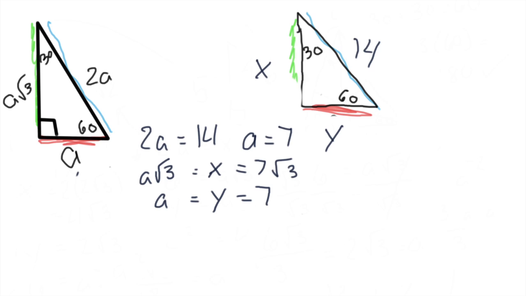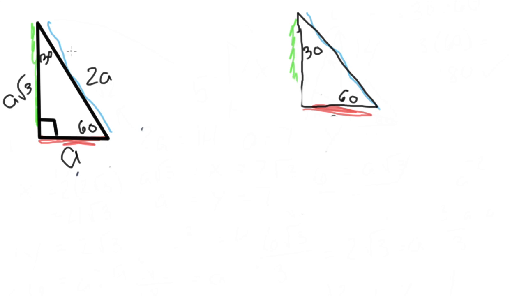Let's try another one. If I tell you that the short leg is equal to the square root of 3, can you tell me what the long leg is and what the hypotenuse is? Start by setting your equations equal to each other. So 2a equals y. A root 3 is equal to x.